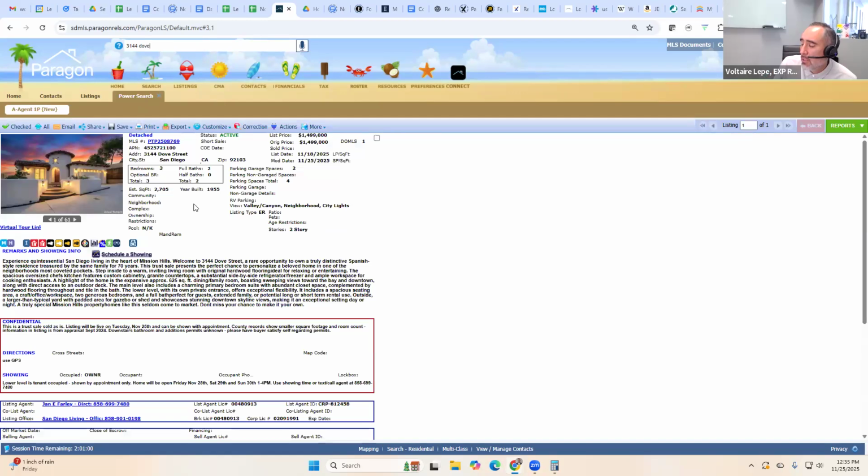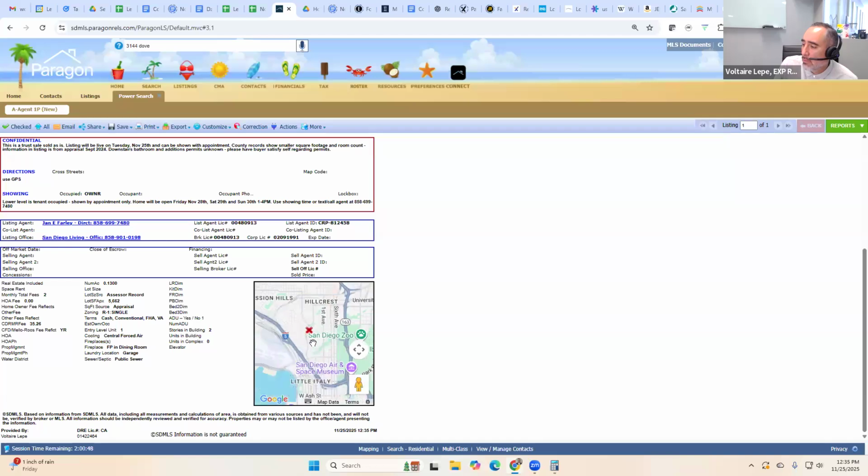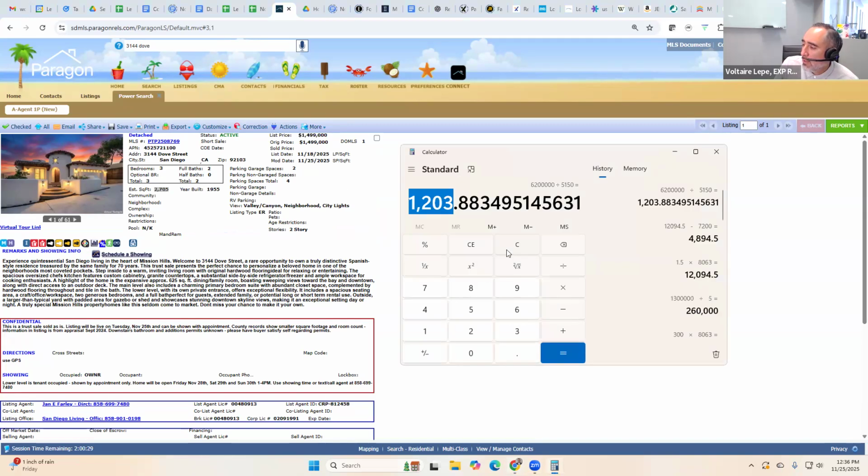Cool. The first thing I noticed is 1.5 million. Dove Street, Mission Hills. Let's look at the map. Okay, it's off of Reynard. Reynard is one of my least favorite streets in Mission Hills, but this is off of it. I don't know exactly how it looks, but the first thing to notice is I want to do a price per square foot calculation, because at 1.5 million, I'm noticing that it's a huge house, 2,700 square feet for that price.